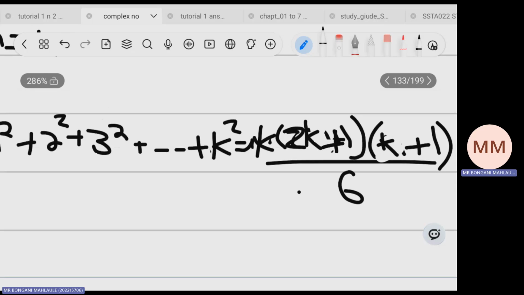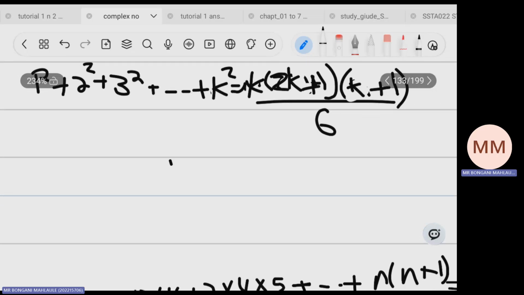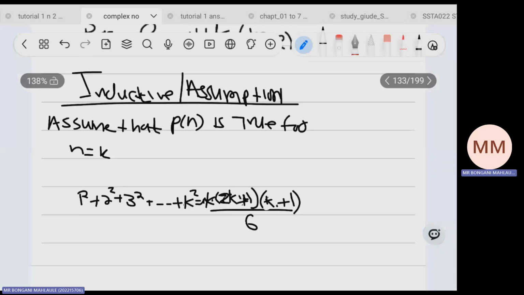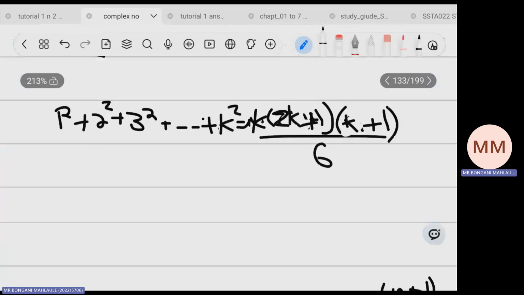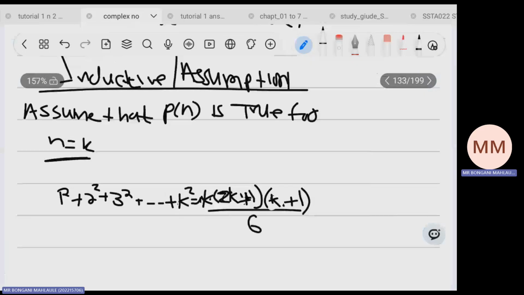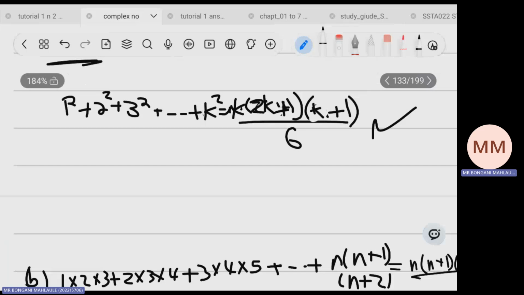So now we can say that, remember we assumed that this is true on the assumption, assume that P of n is true for n equal to k, then you have this.